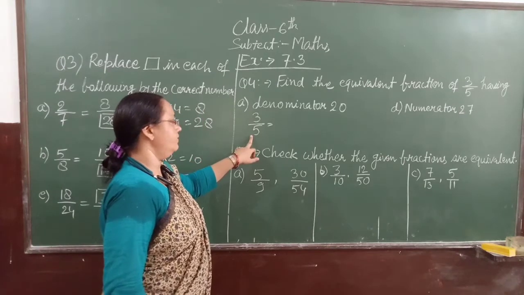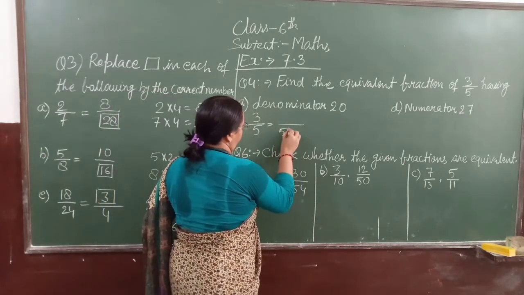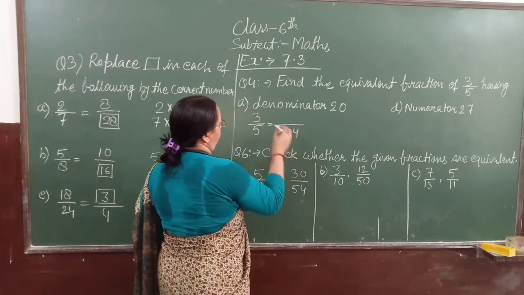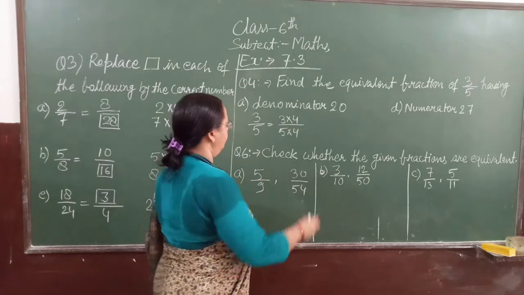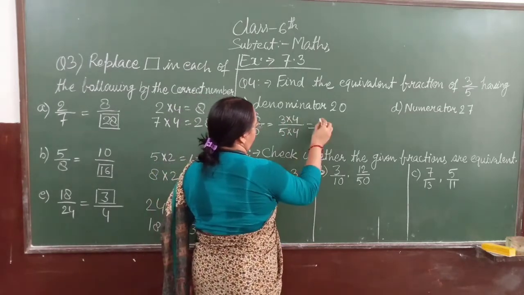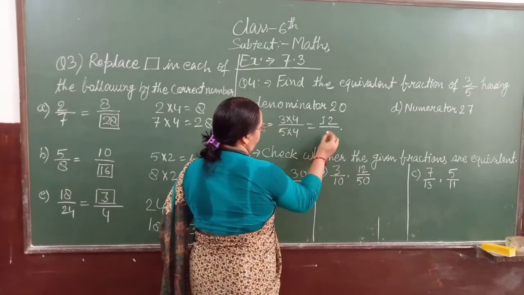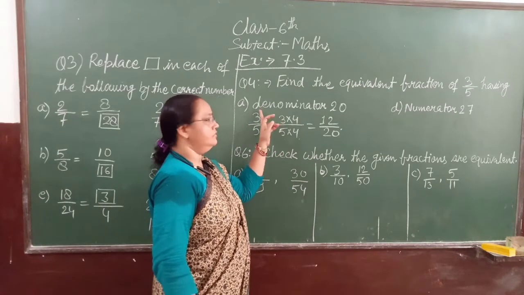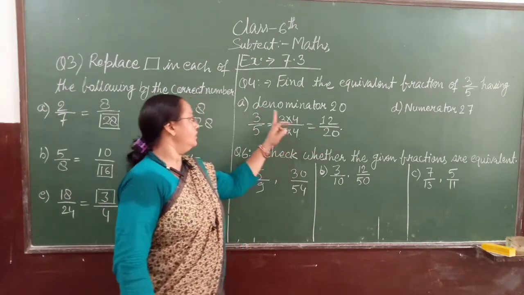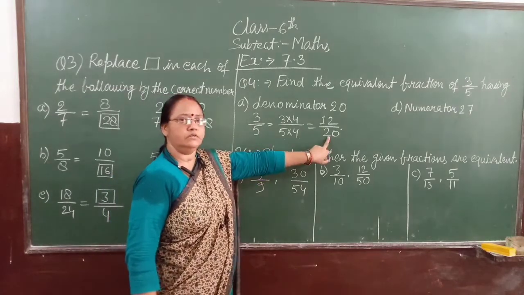With 5 we get 20. 5 4s are 20. 5 cross 4 and so 3 cross 4. 4 3s are 12 and 5 4s are 20. This is the equivalent fraction of 3 upon 5 having denominator 20.